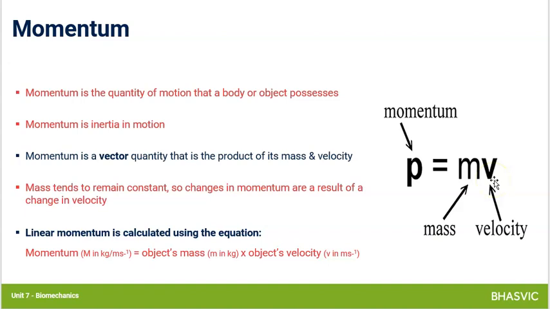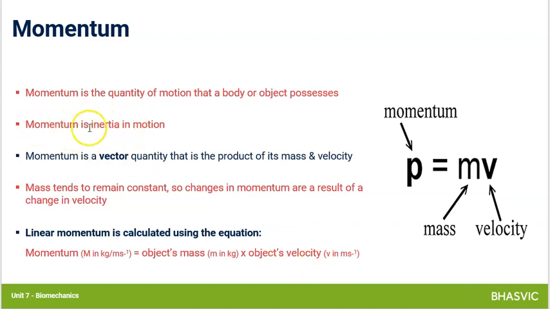So if an object is still, not moving, we would describe it as having zero momentum, because mass times velocity, if it's still, is mass times zero, which is zero. If an object is moving at a certain velocity, the object's mass times the velocity of the object gives us its quantity of motion. And it's a vector, so we need to determine which direction it's in as well.